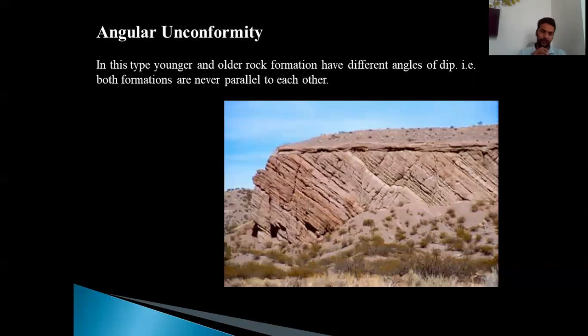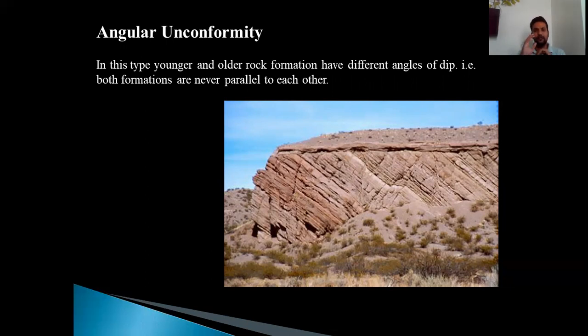Angular unconformity. In this type, younger and older rock formations have different angles of dip. So here we know that there are two sets of beds: one above the unconformity and another below the unconformity. And that unconformity represents the gap in the deposition.